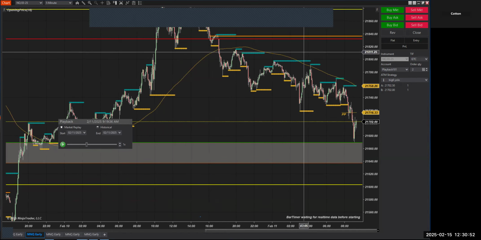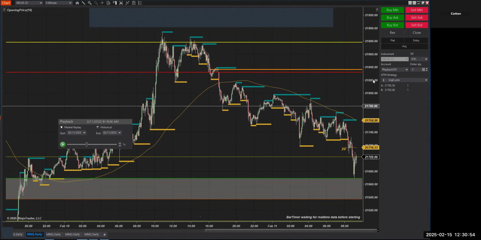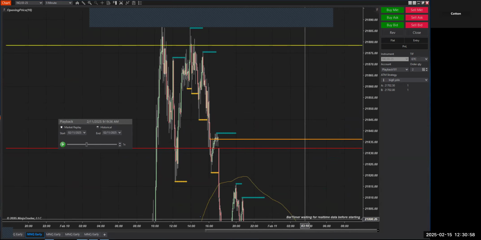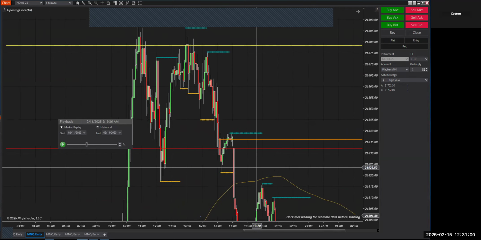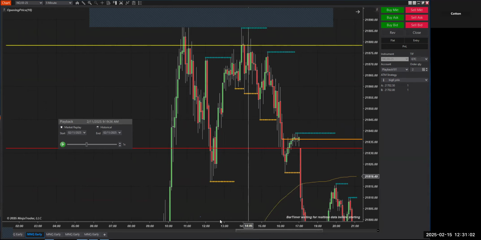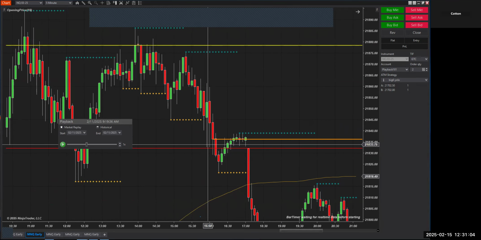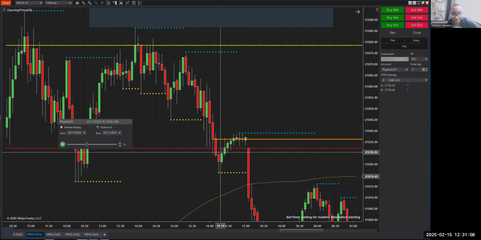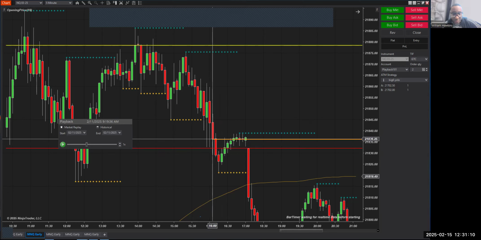Like I have it marked up here. I have it marked right here, 1605, closure. So 1605 right there.